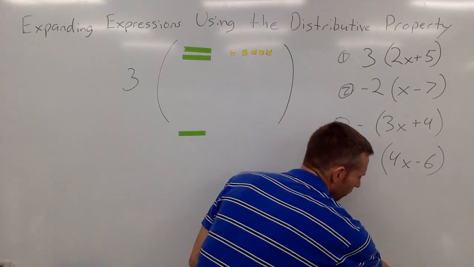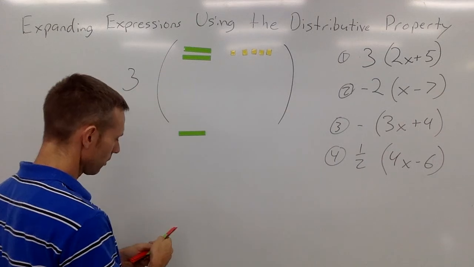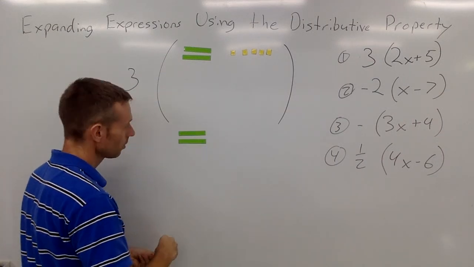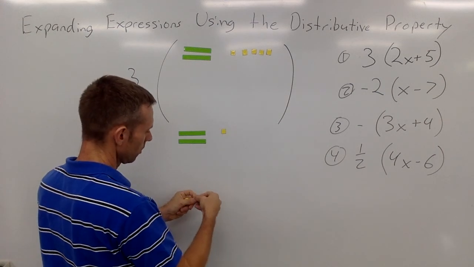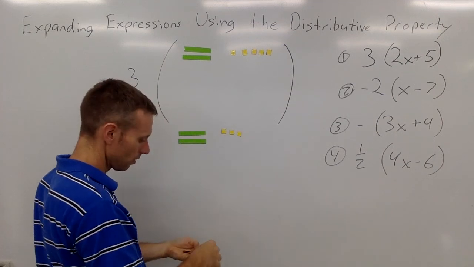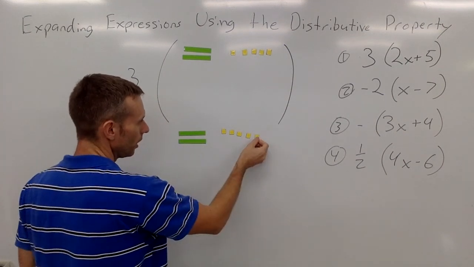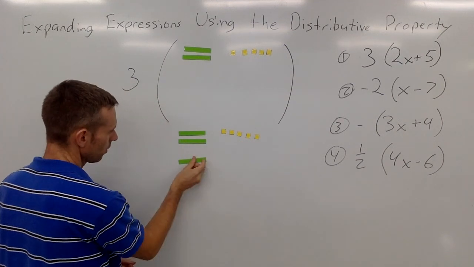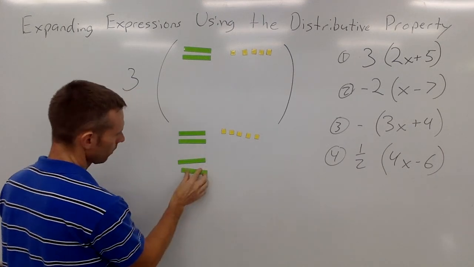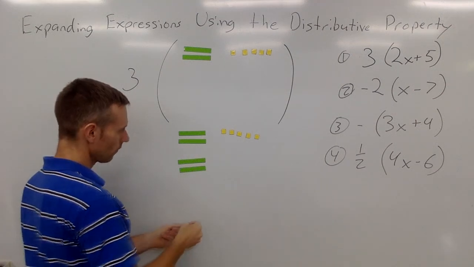It'll take me a minute to get all these magnets up here. Here's a 2x, 1, 2, 3, 4, 5, that's 1. Here's another 2x plus 5.